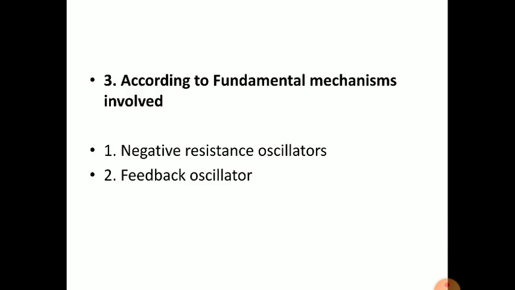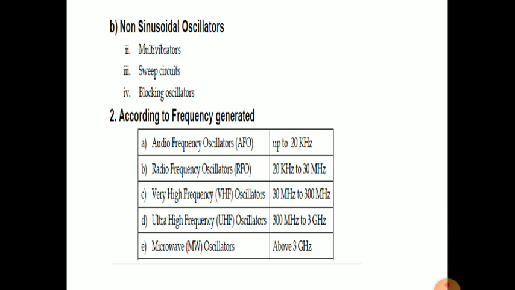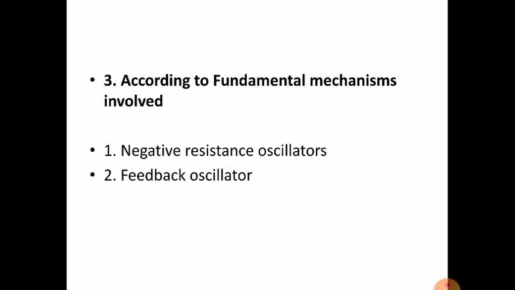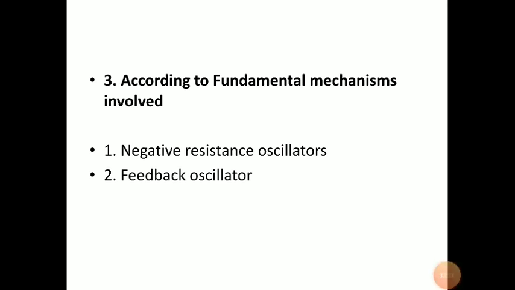According to the fundamental mechanisms involved, the next classification is negative resistance oscillators and feedback oscillators. In the basic block diagram, we have seen the feedback oscillator, where we use positive feedback, as in the introduction of this topic.